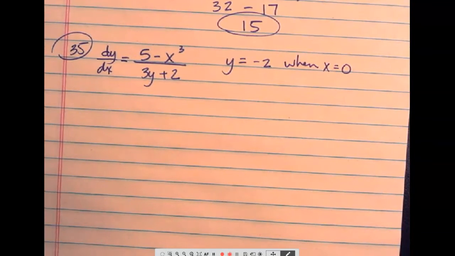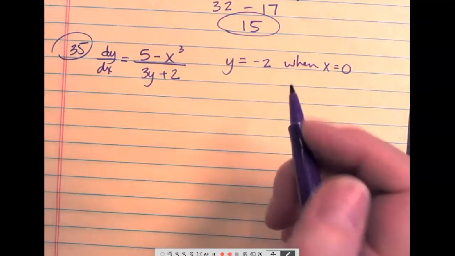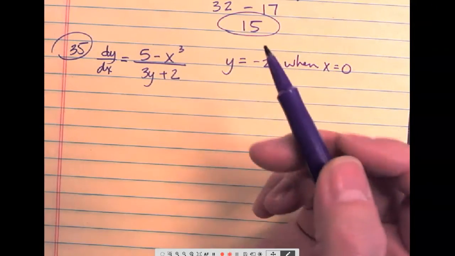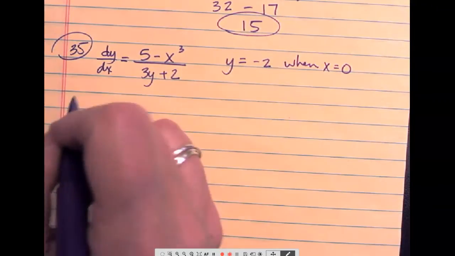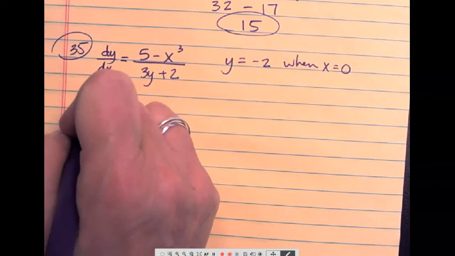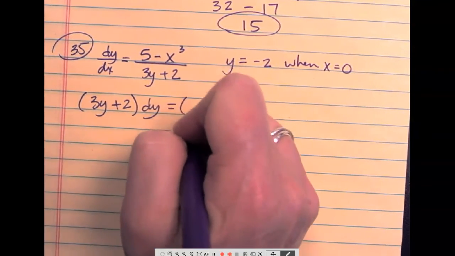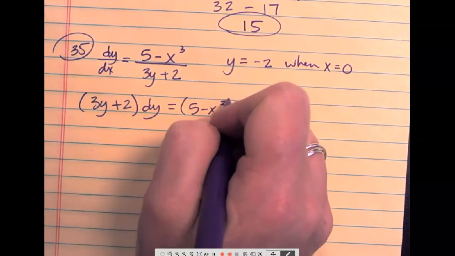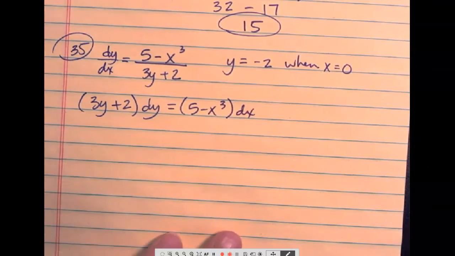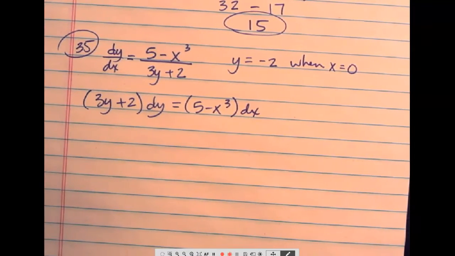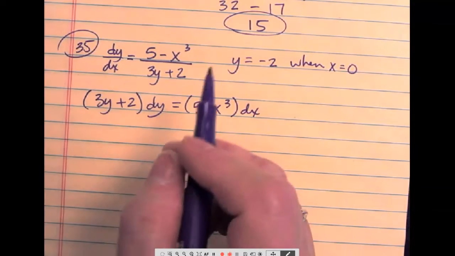Separation of variables means exactly what it says: you want x's on one side and y's on the other. Often you can just cross multiply to accomplish that, but be careful that that's really all you need to do. Everything with y's on the left, everything with x's on the right.